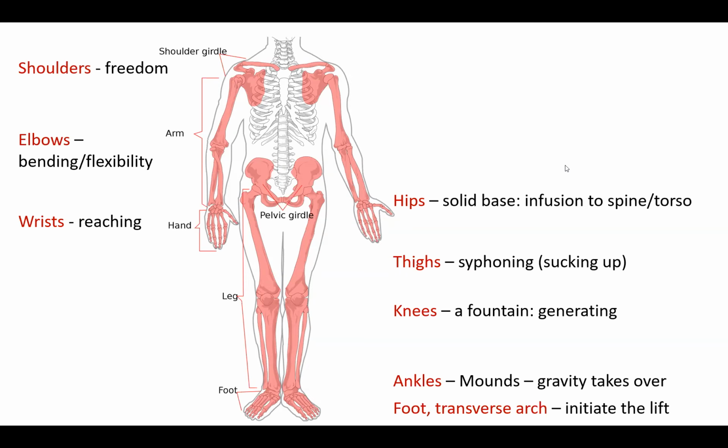If you have a problem in the foot, it's going to affect upwards towards the hip, etc. And vice versa. If you have a problem in the hip, there will ultimately be compensations even in the foot, in the ankle. But I'm also looking at the role of the area in terms of what it represents in life.